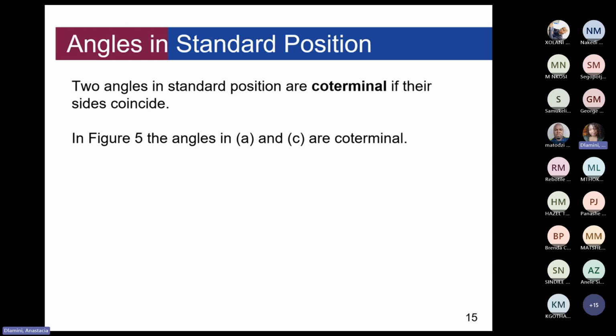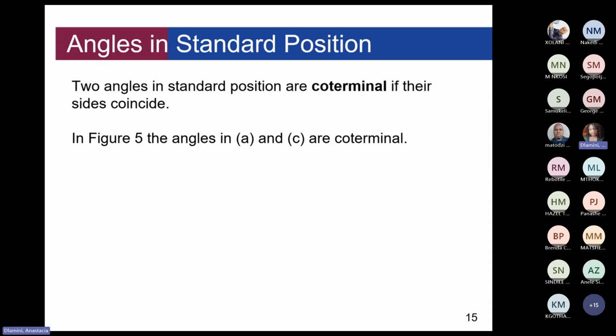Now, two angles in a standard position are coterminal if their sides coincide. Does that make sense? Please, can you elaborate?